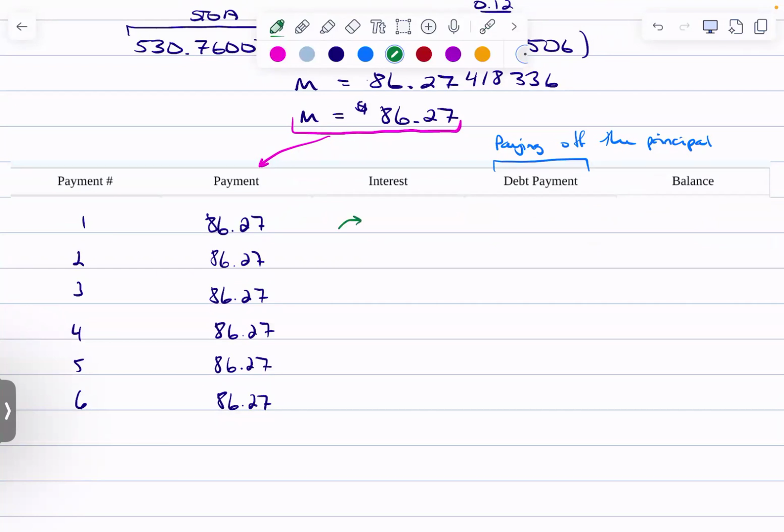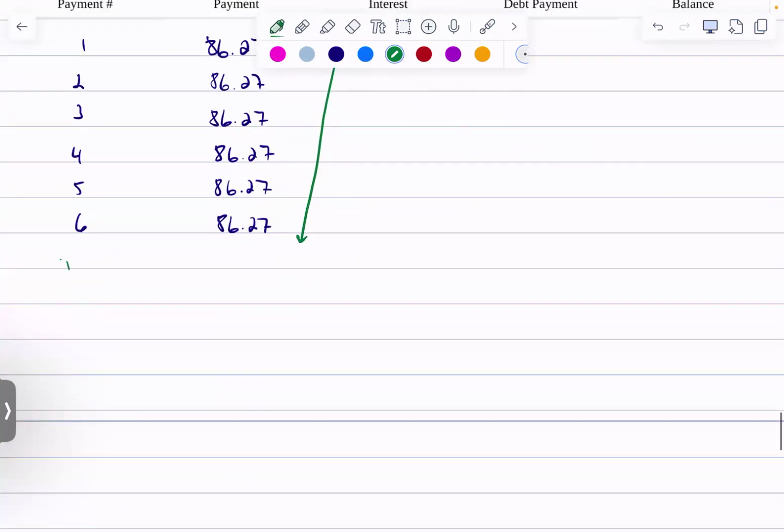Interest on the first payment: I have to pay interest on the full $500. I haven't made any payments yet. This is my first payment, and so interest on the first payment is on the full loan amount, which is $500.